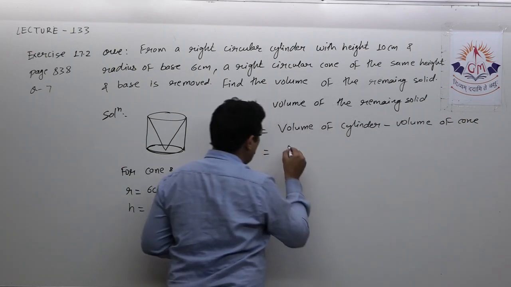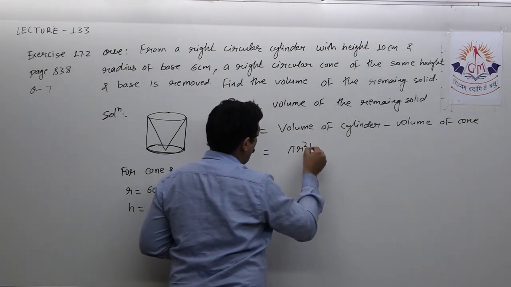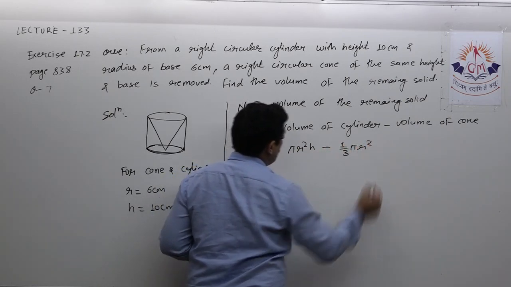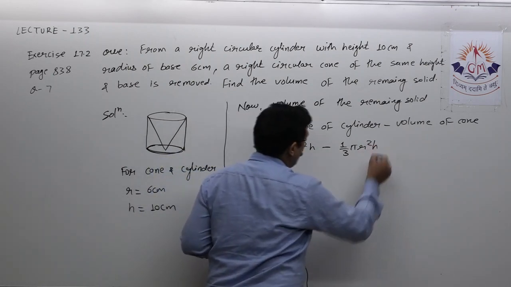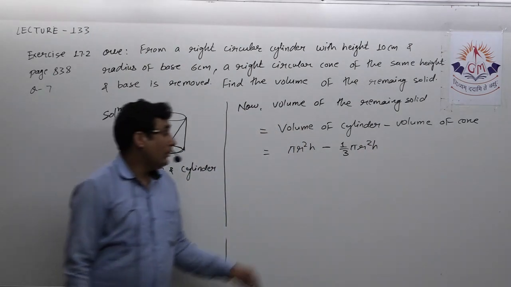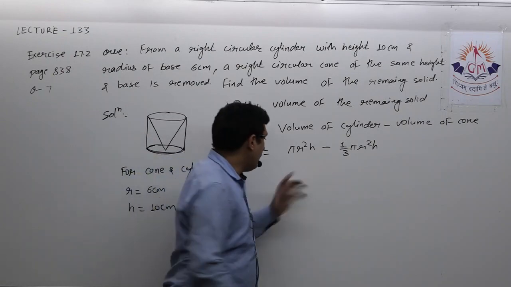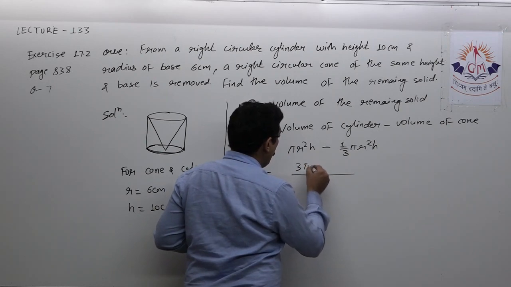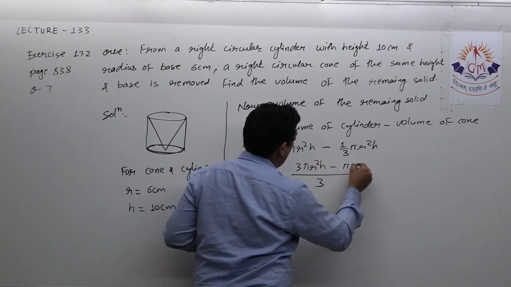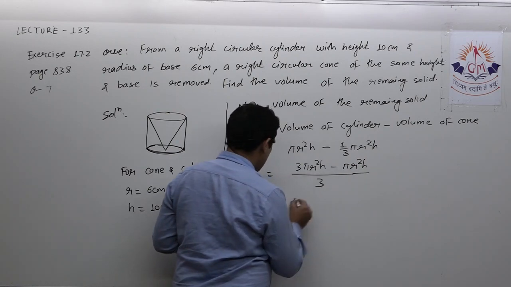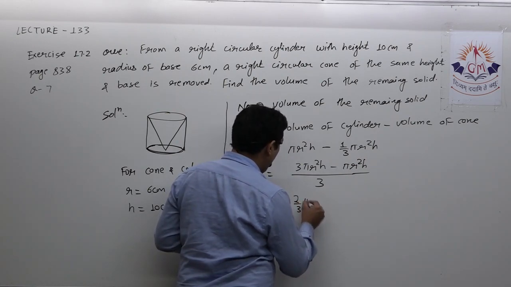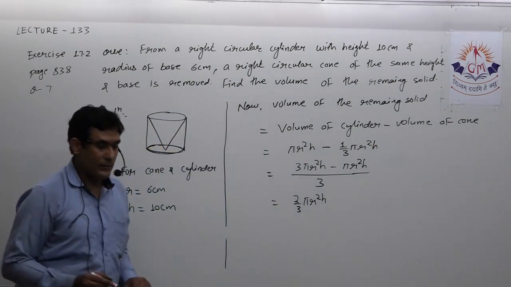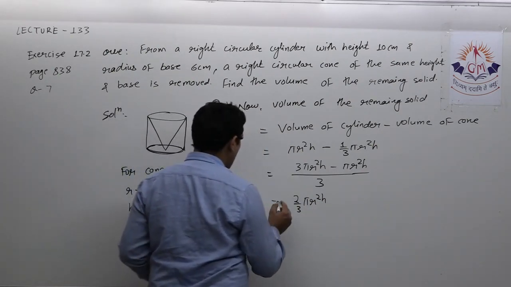Volume of cylinder is pi r square h and volume of cone is 1 by 3 pi r square h. If I take LCM here I will get 3. So 3 pi r square h minus pi r square h, that is 2 by 3 pi r square h. Now I have to put the values of r and h.